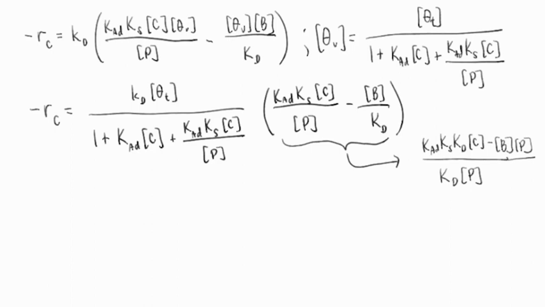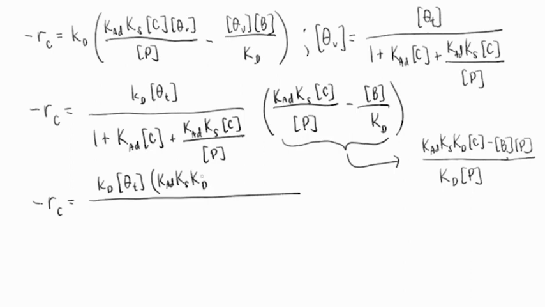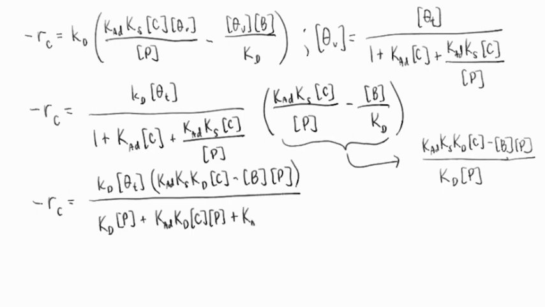Substituting and simplifying, we now have our net rate of consumption of cumene as kd, concentration of the total active sites multiplied by capital K adsorption, capital K surface reaction, and then capital K desorption, concentration of cumene minus concentration of benzene, concentration of propylene, all over Kd, concentration of propylene, plus K adsorption, K desorption, concentration of cumene and concentration of propylene, plus K adsorption, K surface reaction, K desorption multiplied by the concentration of cumene.